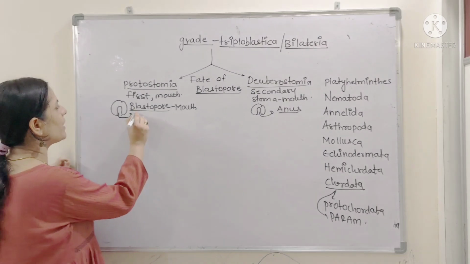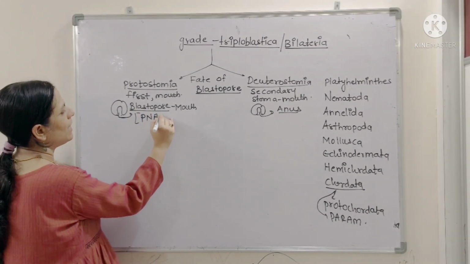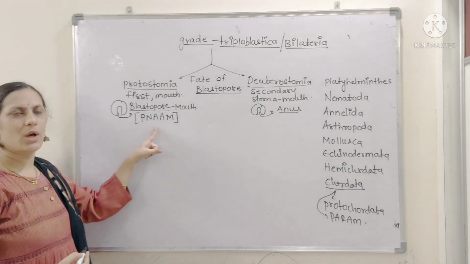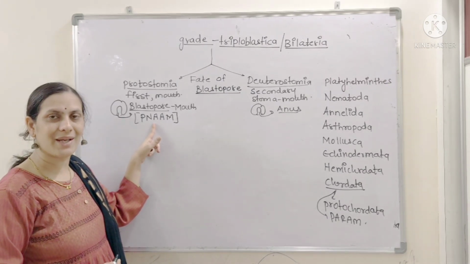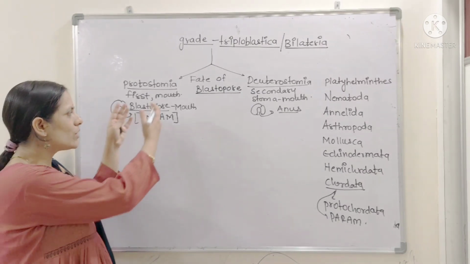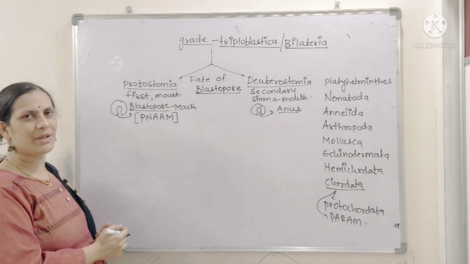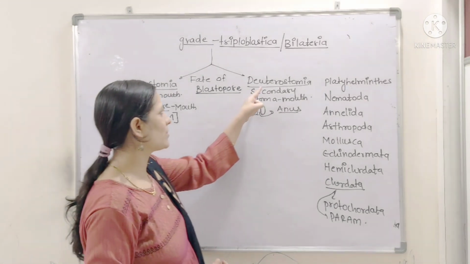So here I will write Platyhelminthes, Nematoda, Annelida, Arthropoda, Mollusca. All these are the phyla which come under the Protostomia group. Though they are protostomes, again they are different from each other. So they are further getting divided into other categories based on the body cavity. So what is that? We will come to that point next.